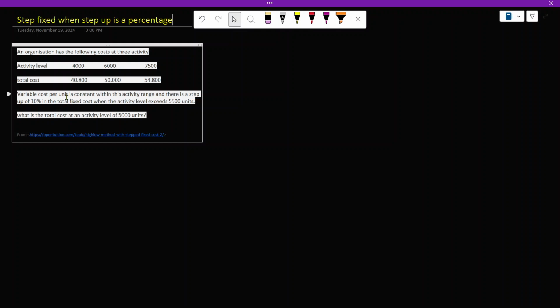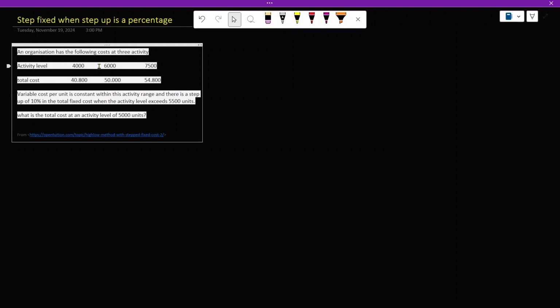Variable cost per unit is constant within this activity range, and there is a step up of 10% in the total fixed cost when the activity level exceeds 5,500. So we can see that 5,500 is somewhere between 4,000 and 6,000. What is the total cost at an activity level of 5,000 units?